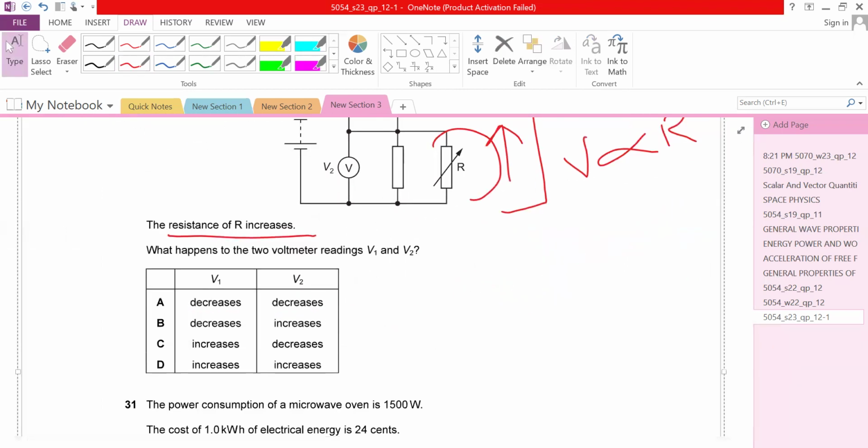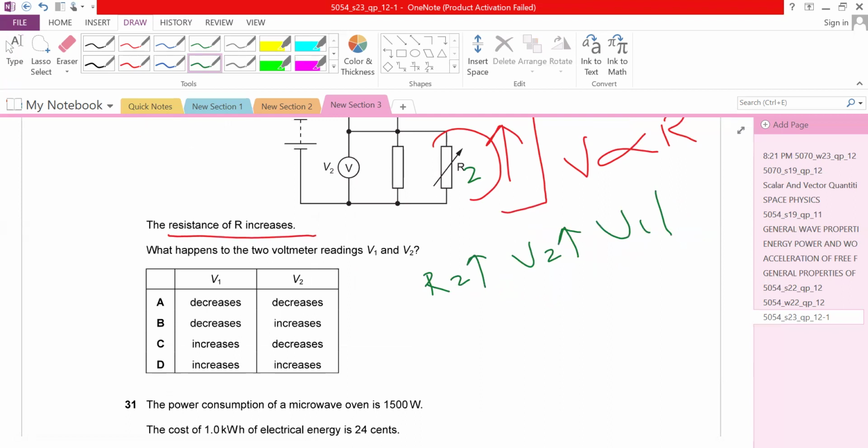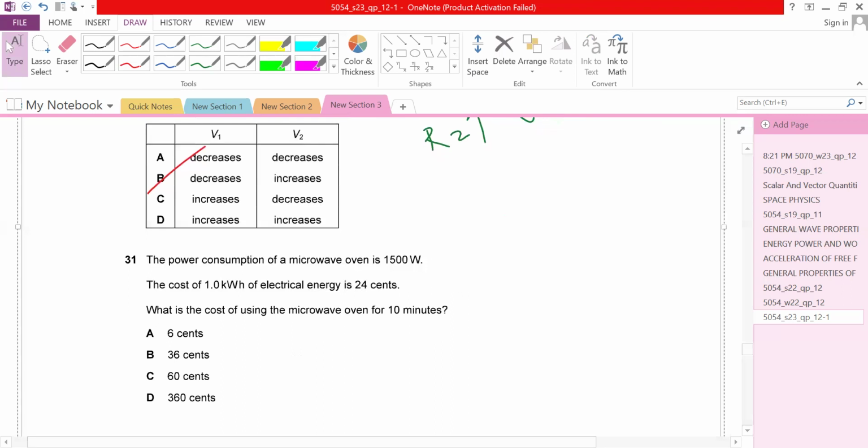So, for example, this is R2: when R2 increases, V2 also increases. But when the potential dividers are connected and V2 increases, V1 decreases. Let's look into the options. V2 increases, V1 decreases. Option D is correct for question 30.